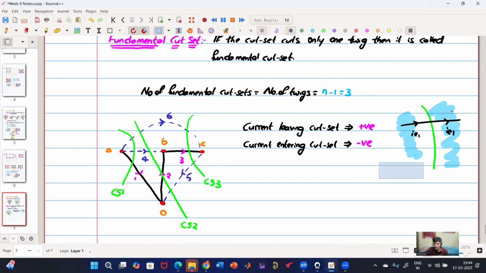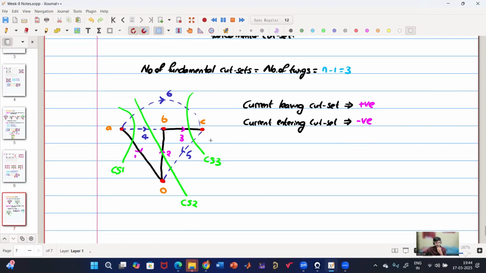So is that clear, or still any doubts or query? Okay, maybe once we write the equation, it will be clear for you. So we are applying KCL at cut set 1, KCL at cut set 2, KCL at cut set 3. So cut set 1, IE1 is leaving, this is also leaving, this is also leaving, right?